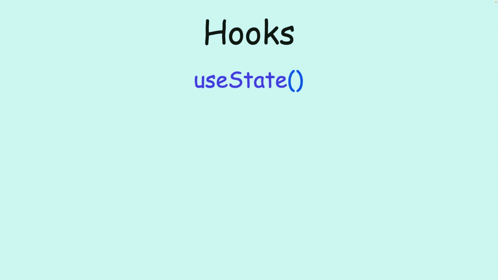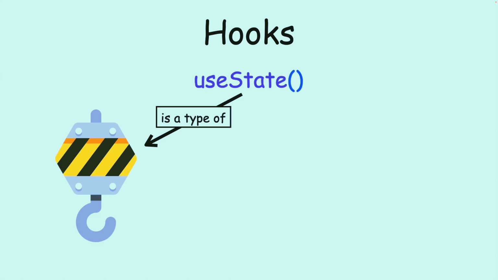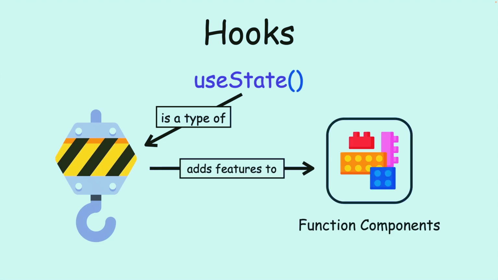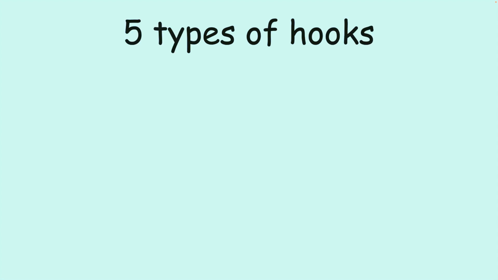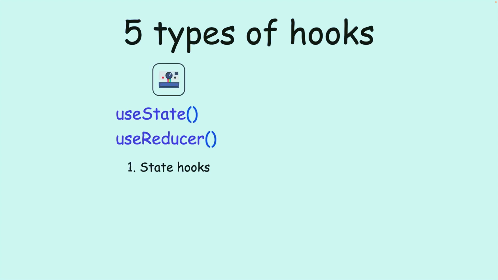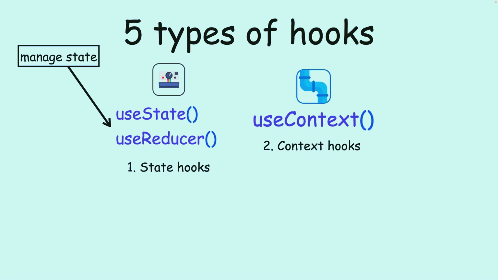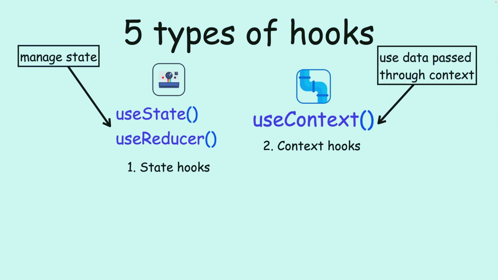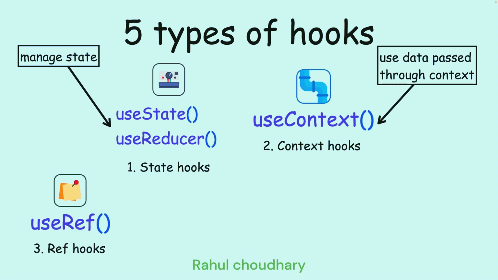useState is an example of a React hook, which allow us to hook into features such as state within function components. There are 5 main types of hooks. State hooks like useState and useReducer help you manage state within React components. Context hooks such as useContext let you use data passed through React context. Ref hooks such as useRef let you reference things like HTML elements.